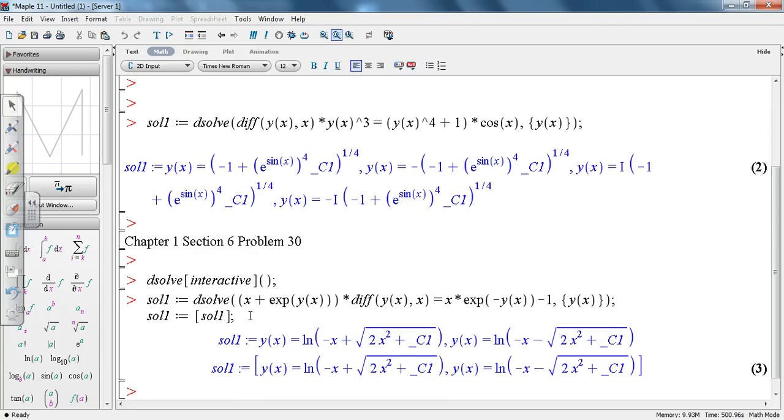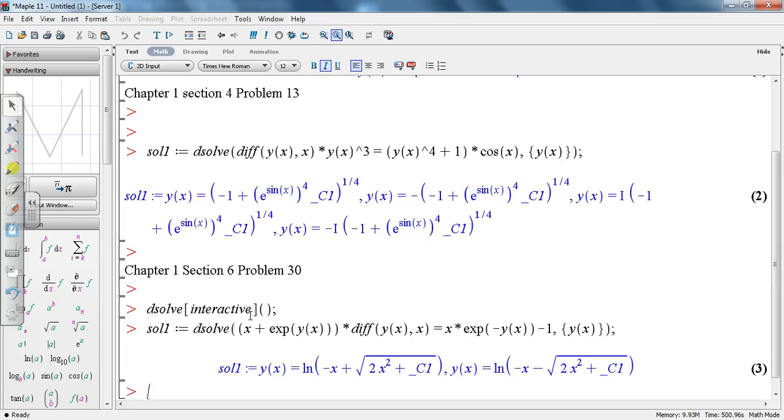And why it's adding a second set of solutions for me, I have no idea. The C1 guy is my constant of integration that's there. Now I don't think I would leave it there. I would probably get rid of the natural logs and raise both sides of the equation as powers of e. That's probably what I would do, but I might leave it that way too.